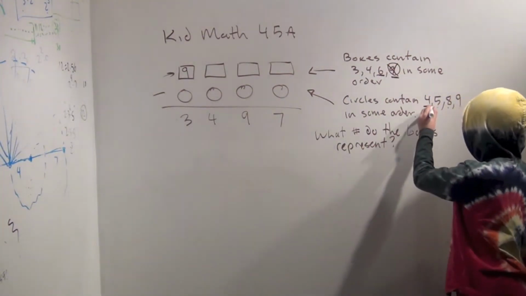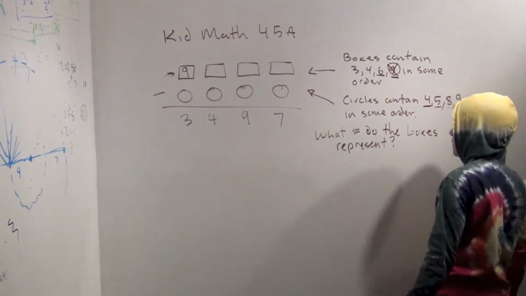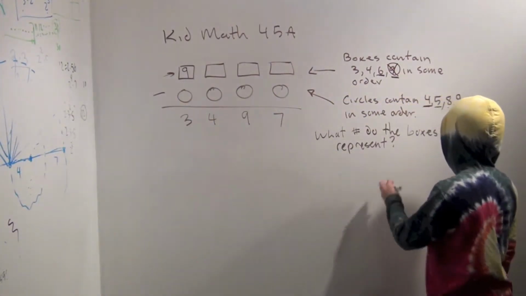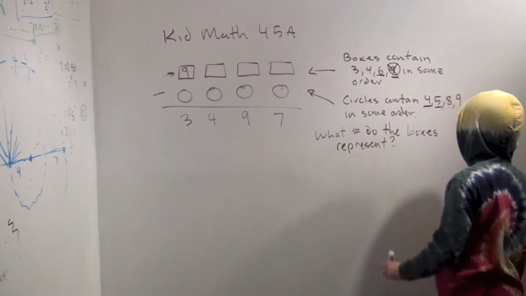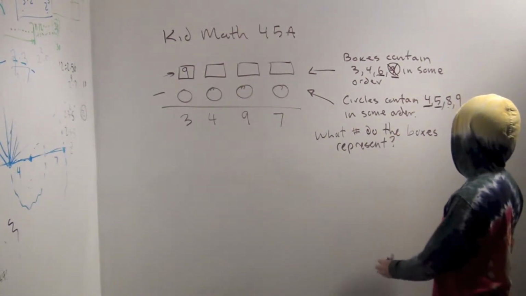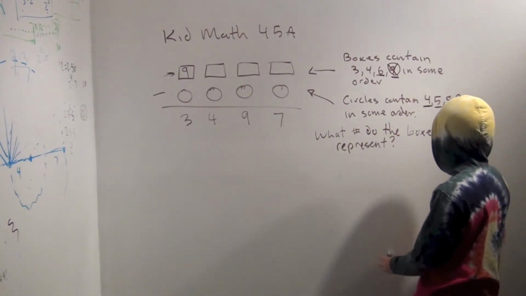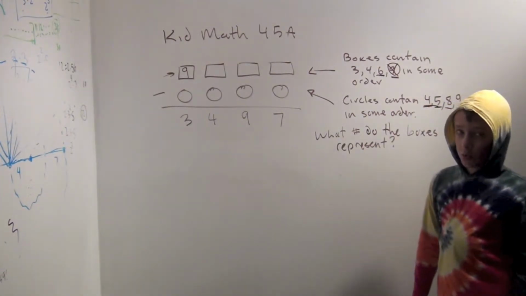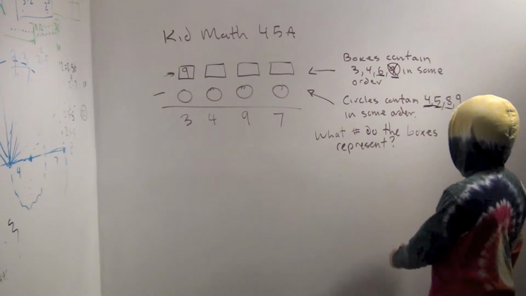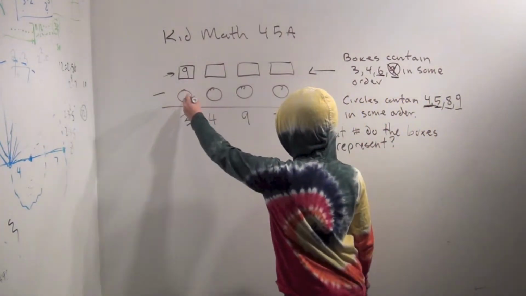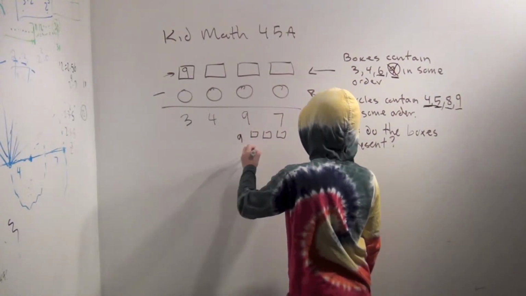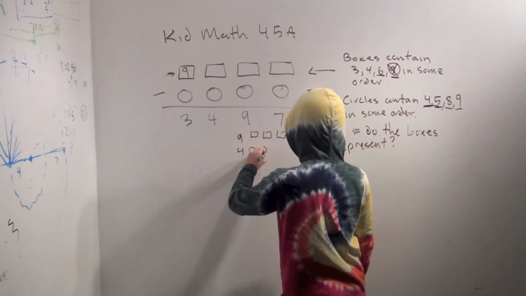There are two choices for the top circle, 4 and 5, because anything else here is going to result in being too low. If you try 4, it's 9 something something something minus 4 something something something.